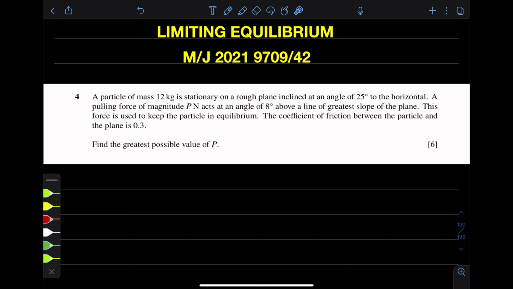This force is used to keep the particle in equilibrium. The coefficient of friction is 0.3. Find the greatest possible value of P.